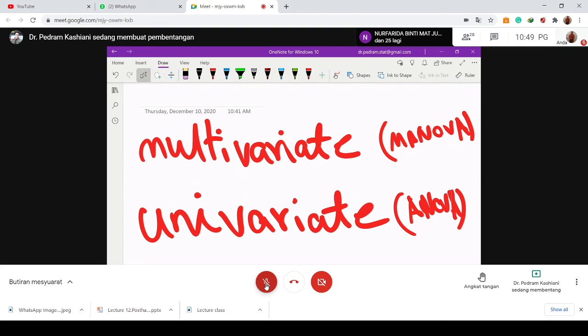The best I offer to you is to try to have data and analyze the data using MANOVA. For example, you can use software, or maybe you can find an example from the internet, but you have to explain step by step what happened and get a conclusion. That is the best type of assignment.